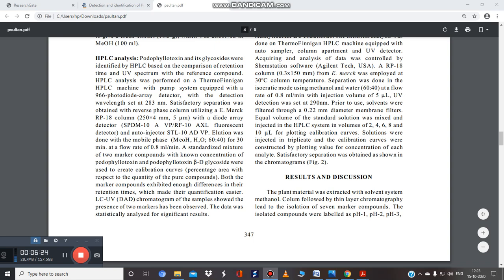So this confirms that the HPLC method is widely used for the analysis of the podophyllotoxin. You have to remember the stationary phase and mobile phase, of course the flow rate, and the detection at 283 nanometer. So this is the HPLC procedure of podophyllotoxin.